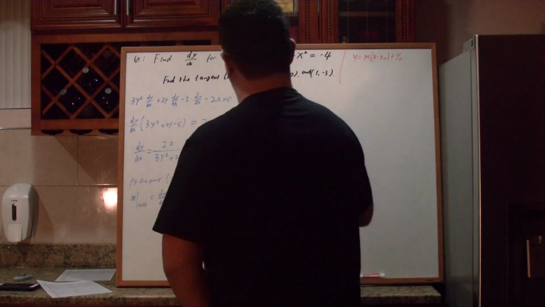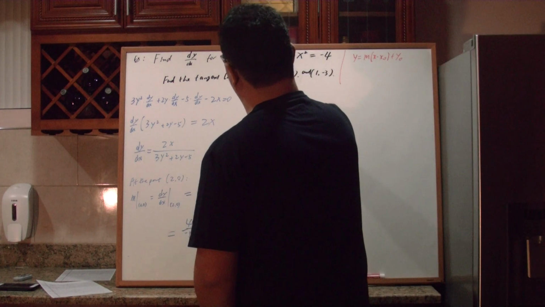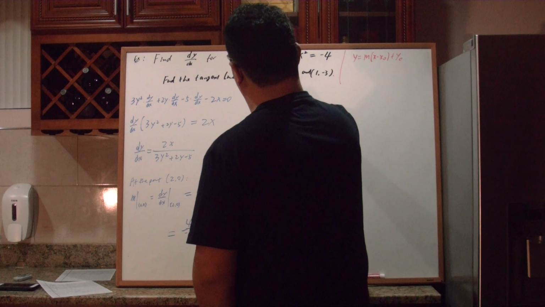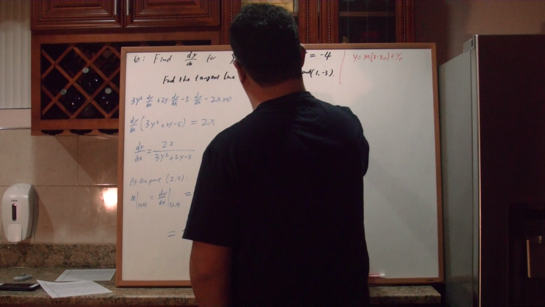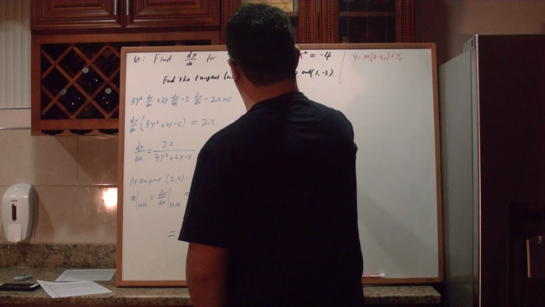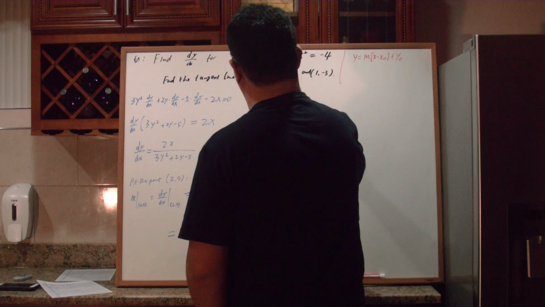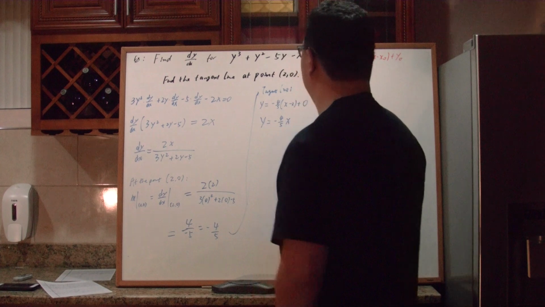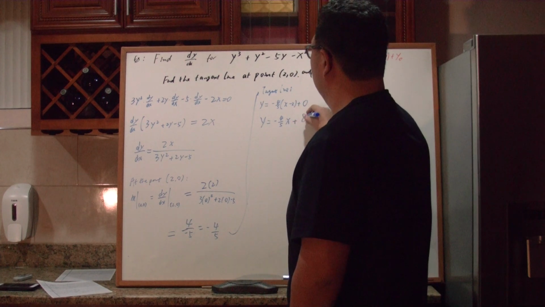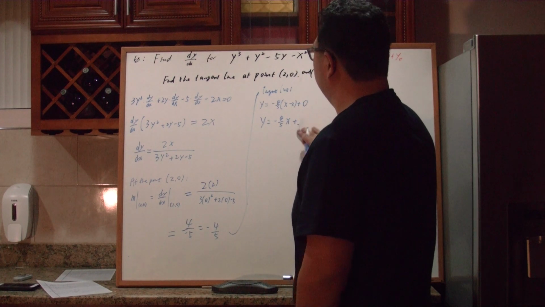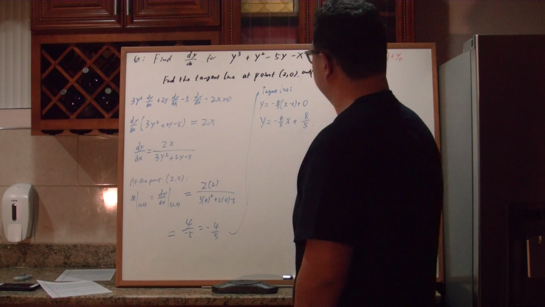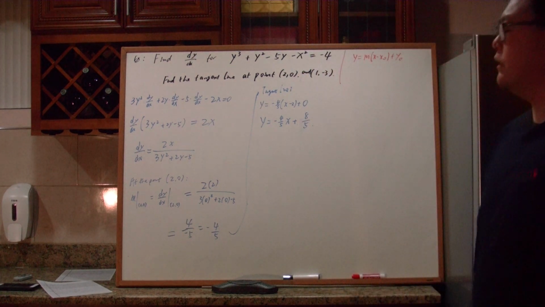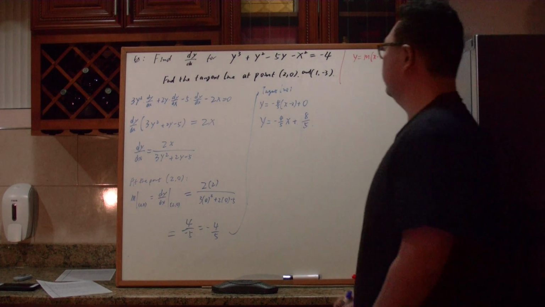The tangent line will be y equals slope times (x minus 2) plus the given y value, which is 0. So the line is y equals -4/5 x plus 8/5. That is for the first given point.